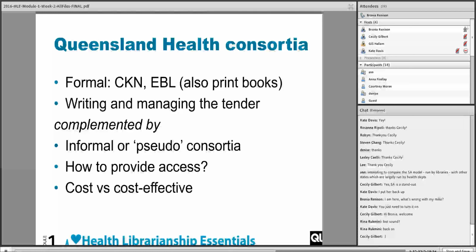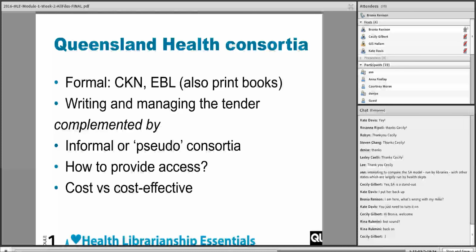Some years ago, one of the state consortia cancelled CINAHL, the key database, with or without linked full text, for allied and nursing health, and they substituted two ostensibly cheaper, but really poor substitutes. And there's also a situation where the largest cardiothoracic hospital in the Southern Hemisphere does not have access to the core journal Chest. Now that situation should never have arisen.